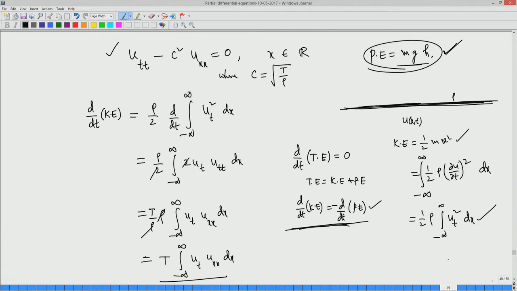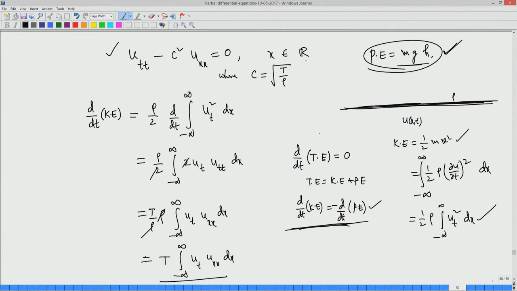So, before I do this, let us move on to show that problems on the semi-infinite domain are unique, okay. I will just explain briefly.